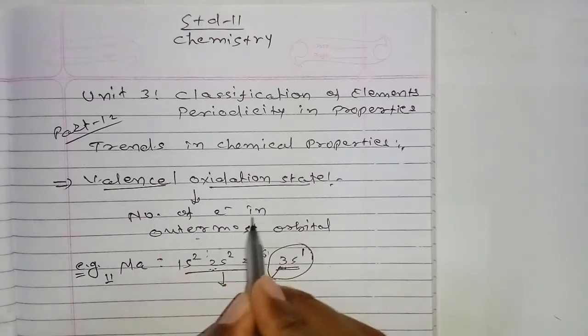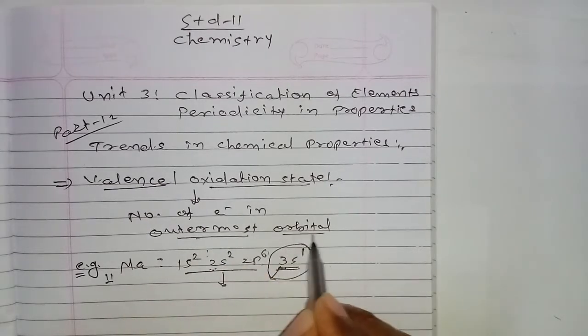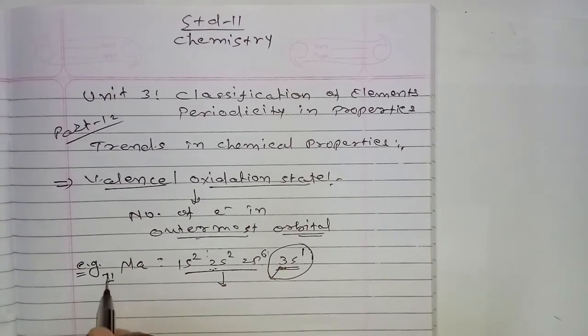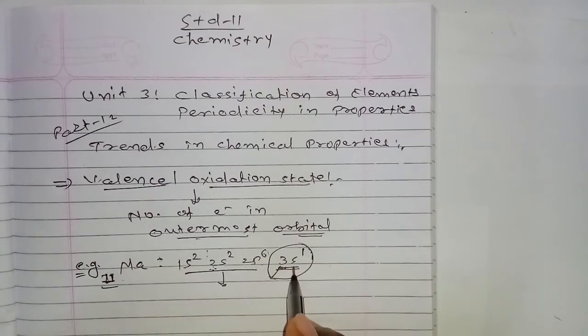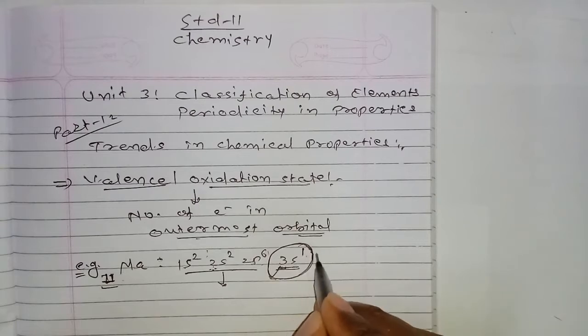Valence or oxidation state is the number of electrons in the outermost orbital. For example, sodium, atomic number 11. Its electronic configuration is 1s2, 2s2, 2p6 and 3s1. So 3s1 is the outermost orbital and it has only one electron.